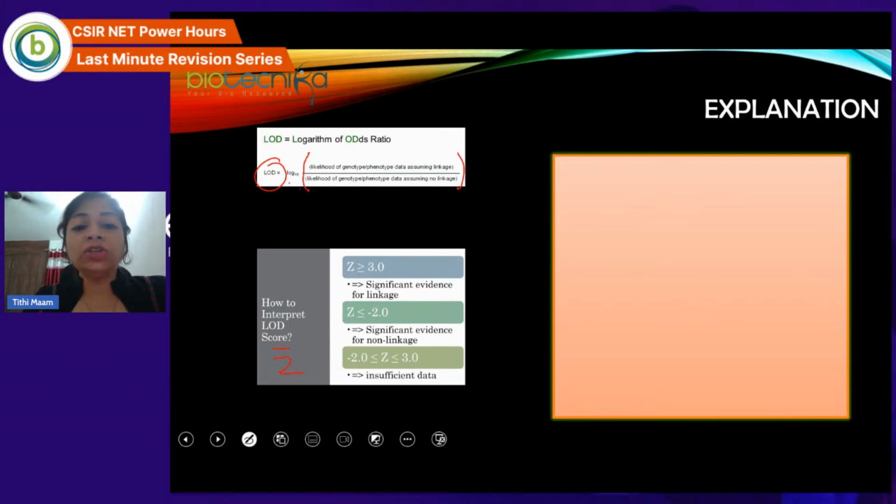So in LOD score, 3 is a significant value. Okay. So what does this 3 mean? So what is LOD score?